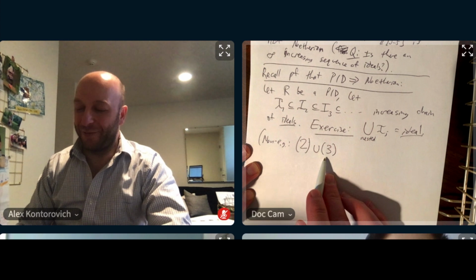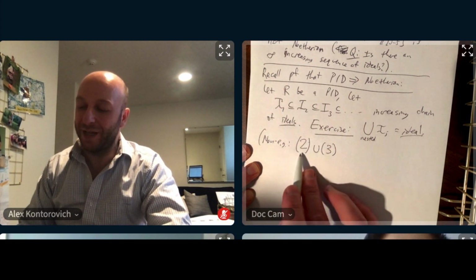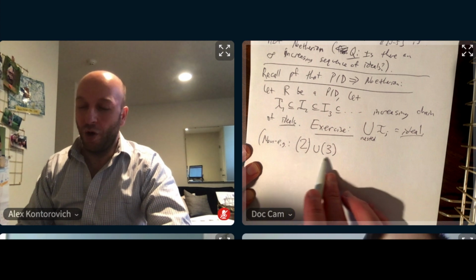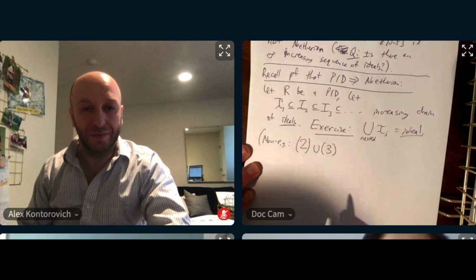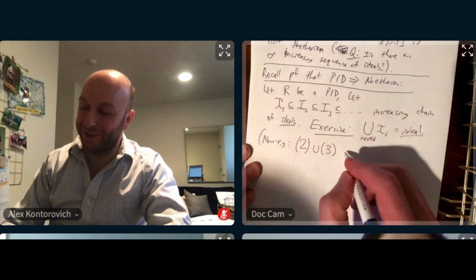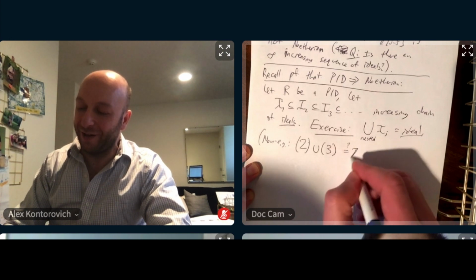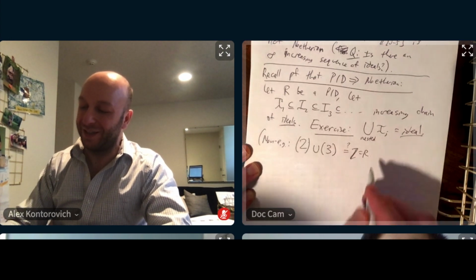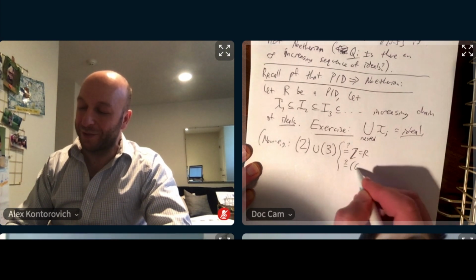If we take the product of the ideals, we would get 6. But the union means take all multiples of 2, or a multiple of 3. That's another good guess. Stephanie's guess: is this equal to all of R, which is Z, or is it maybe equal to all multiples of 6?